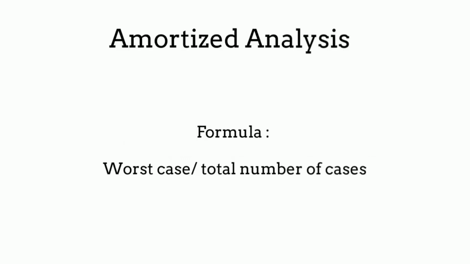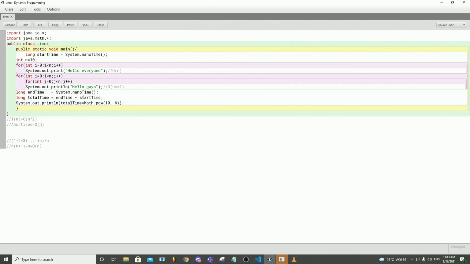In amortized analysis, the formula is to get the worst case and divide it by the total number of cases. So the amortized value is O of n raised to 2 divided by n. So that will roughly give you O of n. That is the amortized value of this program.